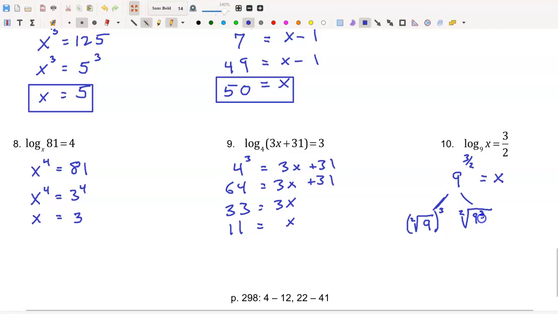So even though there's 2 ways of writing this correctly, you probably want to choose this first way because it's a little bit easier to take the square root of 9 first and then raise that to the 3rd power and get 27. If you did it this way, it'd work, right? 9 times 9 times 9, I think it's like, what, 729 or something like that?